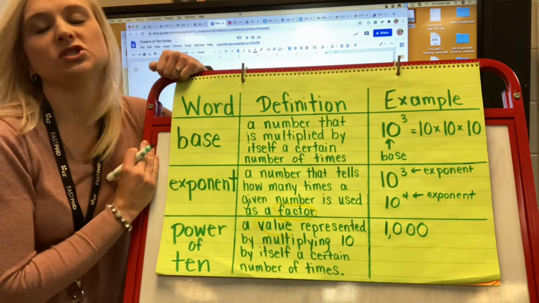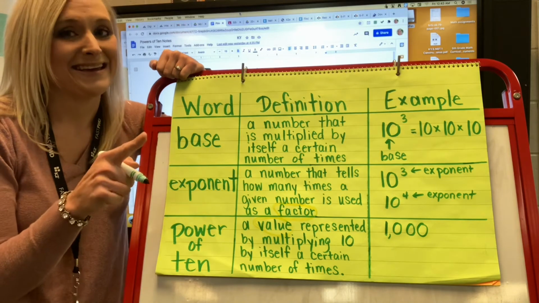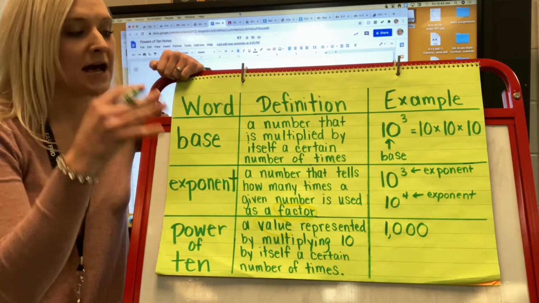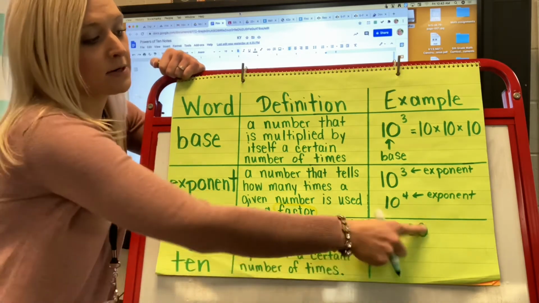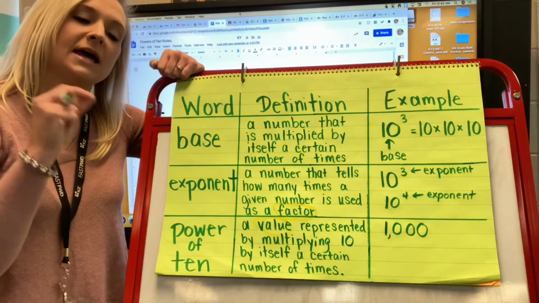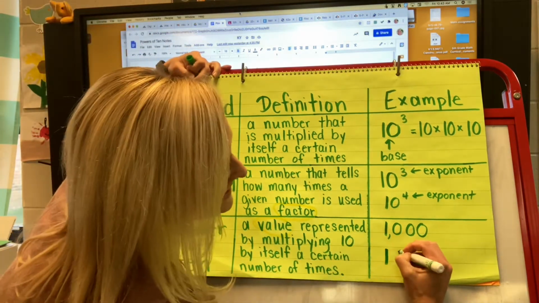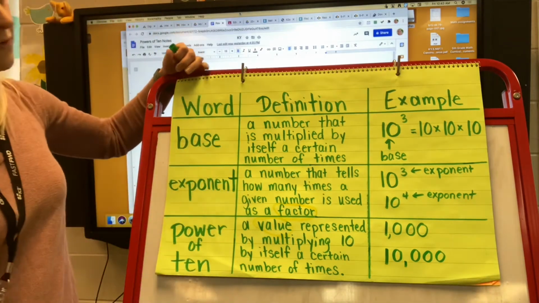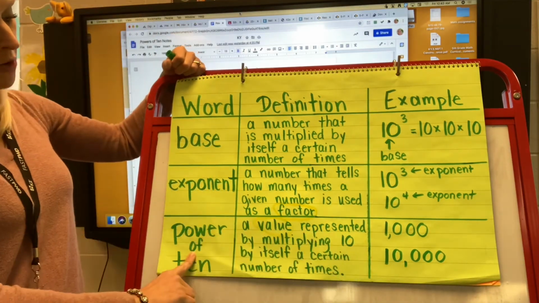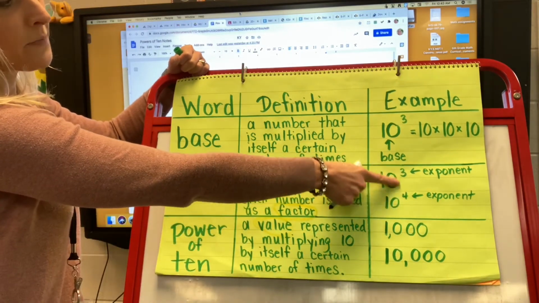Can you guess how much 10 to the fourth power would be? We would have to multiply 10 times 10 times 10 times 10. Well, we know 10 to the third power is 1,000, so what's 10 groups of 1,000? You guessed it, 10,000.